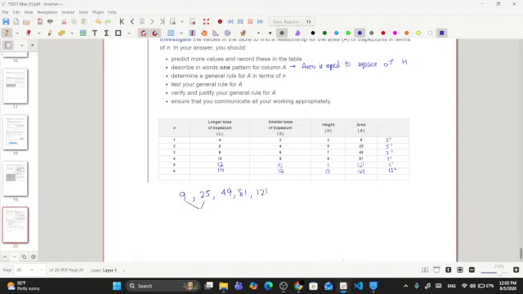The difference between 9 and 25 is 16. 25 and 49 is 24. 49 and 81 is 32. 81 and 121 is 40. The difference between 16 and 24, however, is 8, 8 again, and 8 again. So we have our set of common differences present.